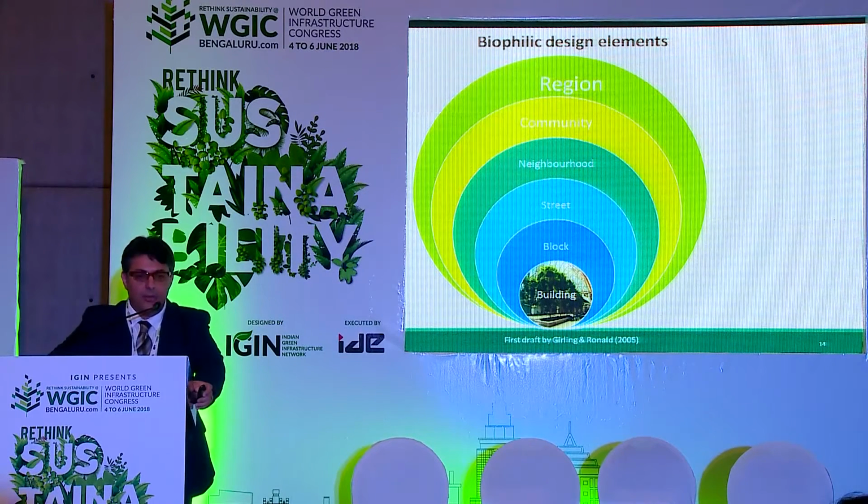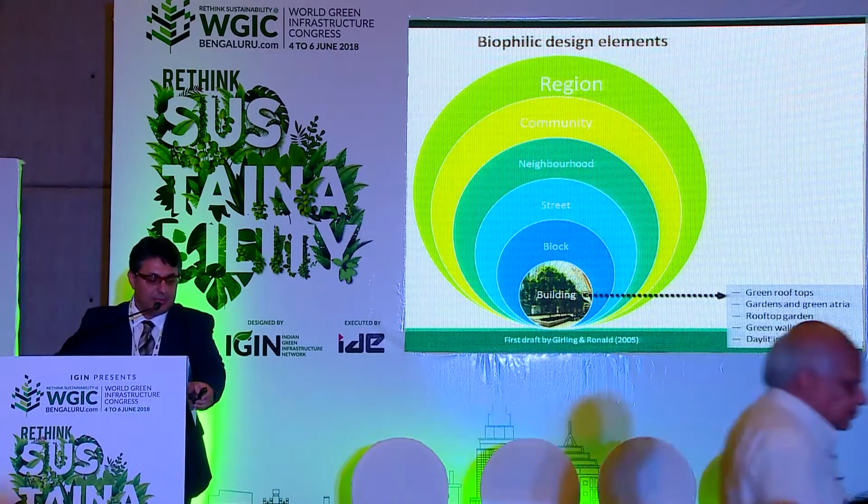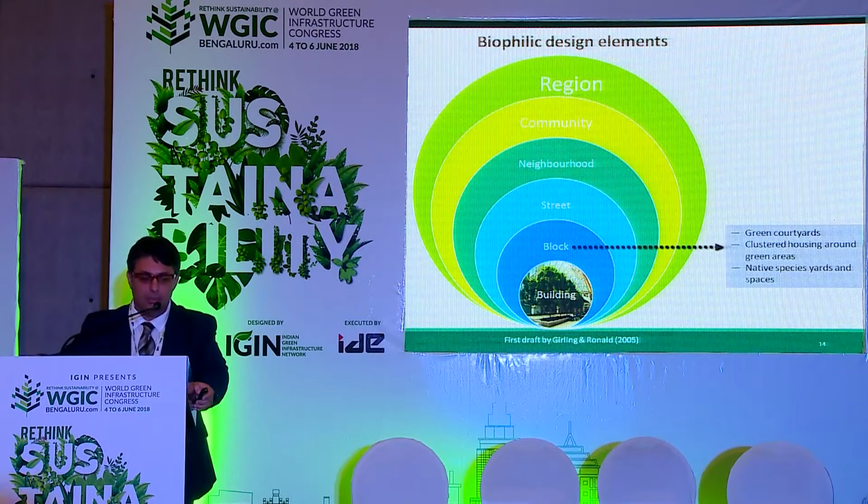So I prepared this diagram. This diagram shows that if we want to have biophilic design elements at different scales: in terms of buildings, we have green rooftops, gardens and green areas, rooftop gardens, green walls, and interior space with daylight. In terms of the city block, we have green courtyards, clustered housing around green areas, and native species yard space.